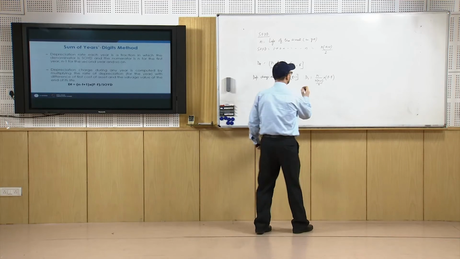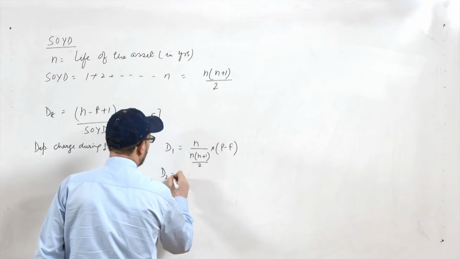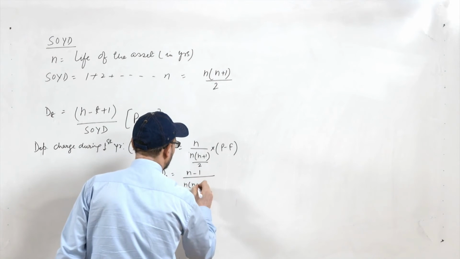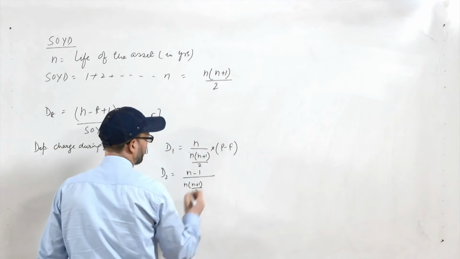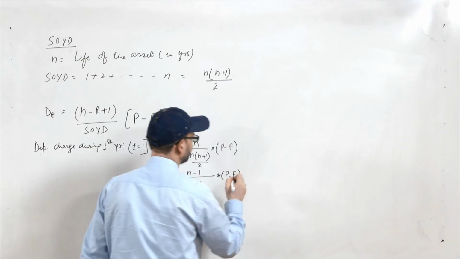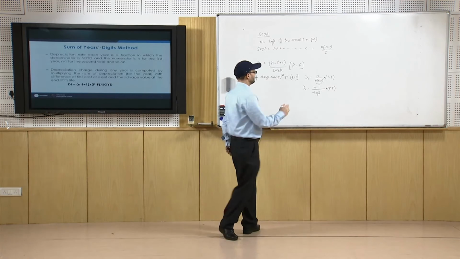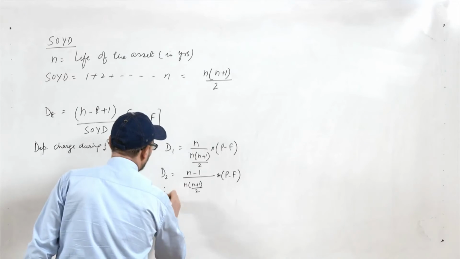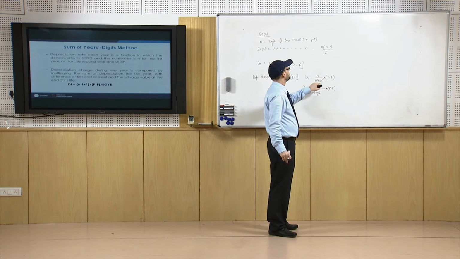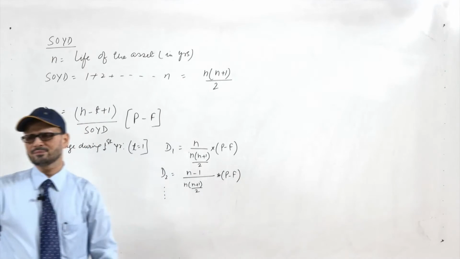Similarly, D2 will be (n minus 1) upon n into (n plus 1) by 2, into (P minus F). This way you can go on, and in the final nth year it will be nothing but 1 by n into (n plus 1) by 2, into (P minus F).